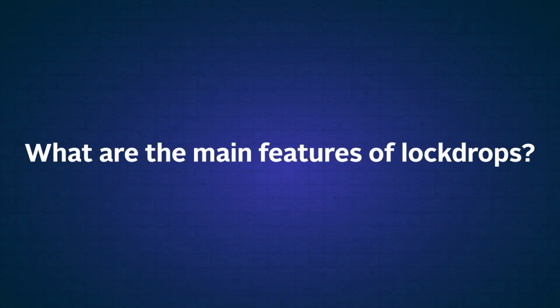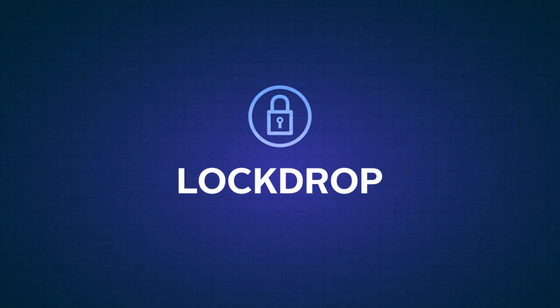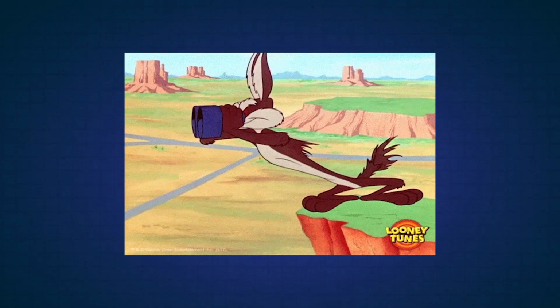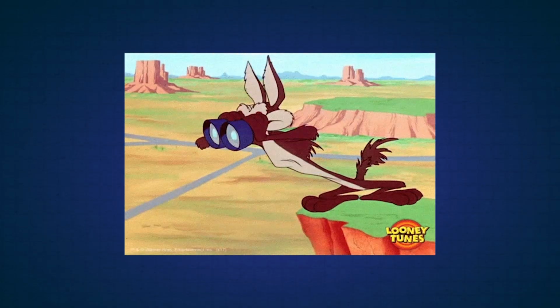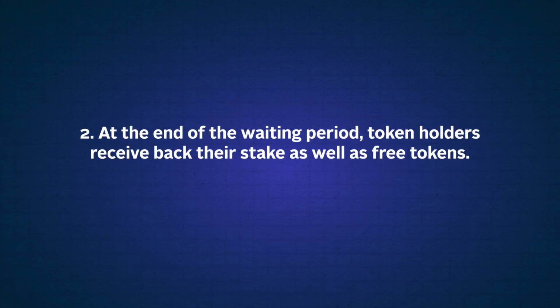What are the main features of Lockdrops? Now that we know what a Lockdrop is, let's explore the main features distinguishing Lockdrops. When looking for Lockdrop opportunities, here are the main features to consider. Lockdrops require the staking of cryptocurrency in a smart contract for a set period of time. At the end of the waiting period, token holders receive back their stake as well as free tokens.